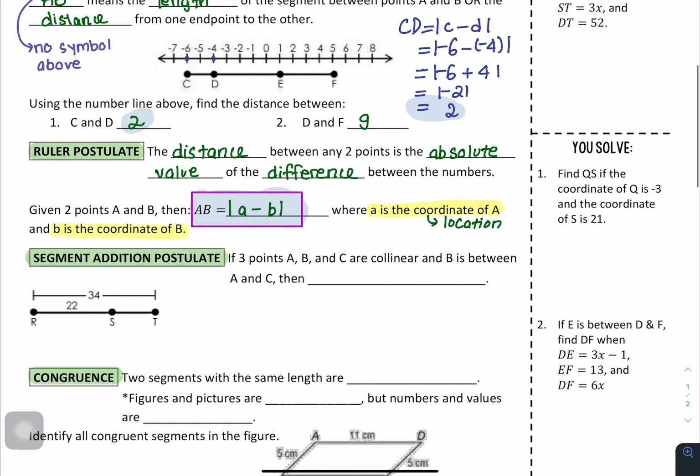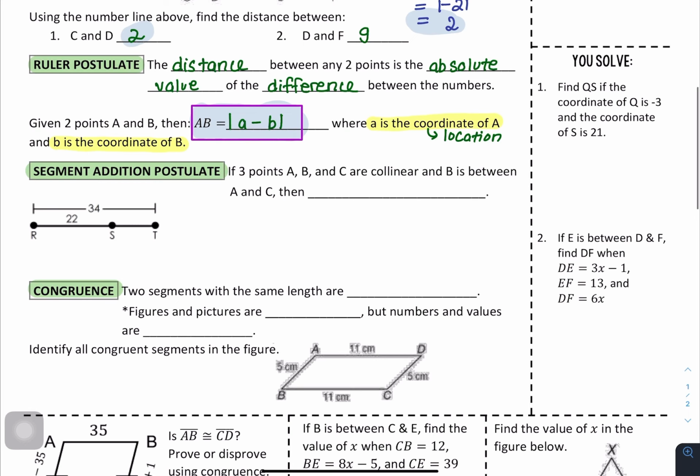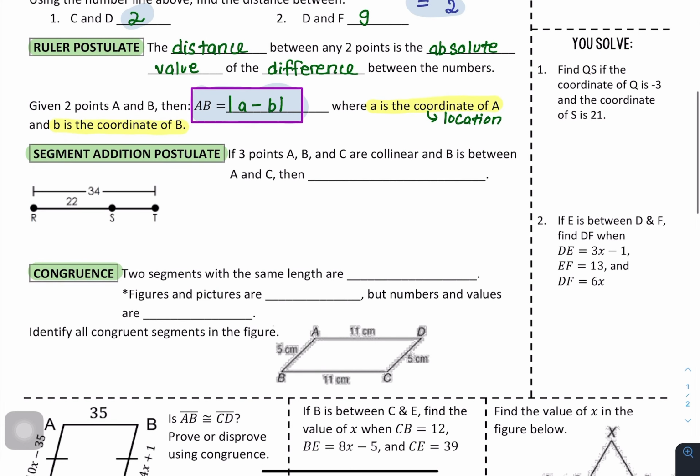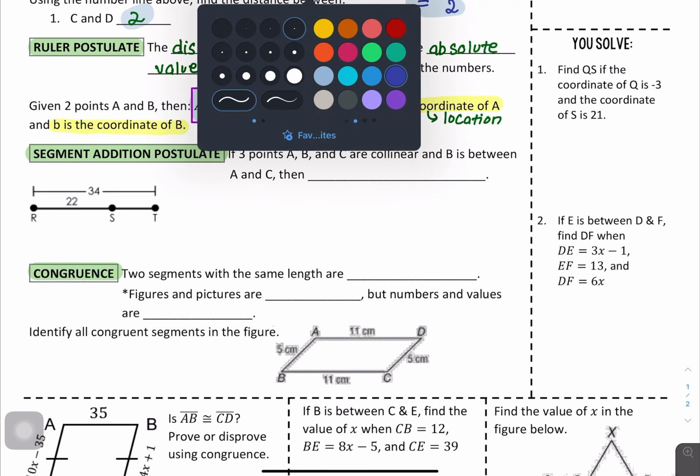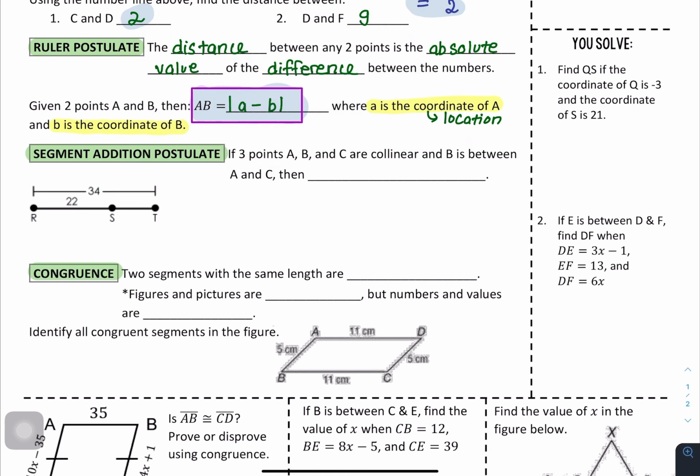All right, let's move on. Segment addition postulate. So this postulate tells us that if we have 3 points, point A, point B, and point C, and these 3 points are collinear, these 3 points are on the same line, and B is in between A and C. So let me draw that to represent.